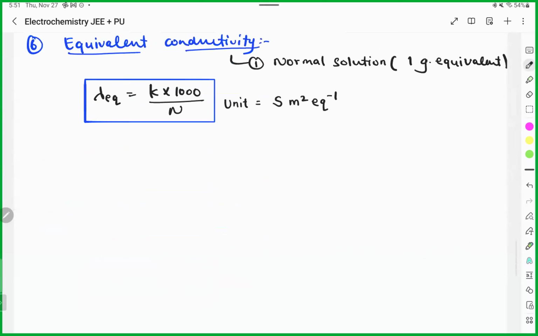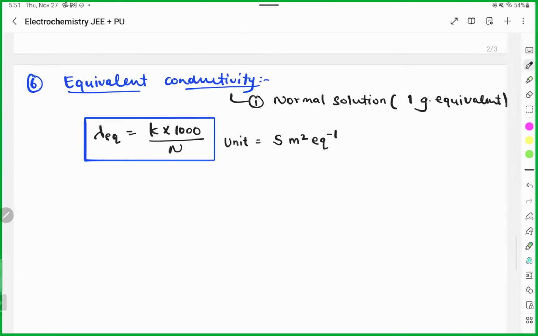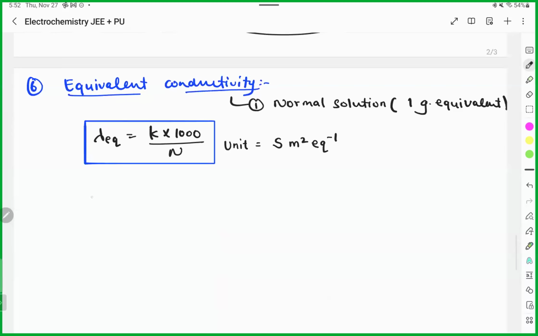And if you want to correlate normality with molarity, what will be the relation? Normality is n factor into molarity.